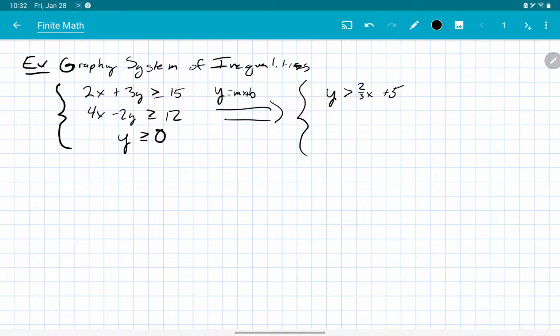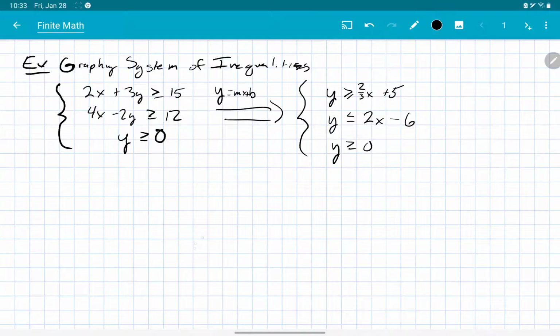The second one, if we were to solve this one, we would have y less than or equal to 2x minus 6, when we get that in y equals mx plus b form. I just did that in my head, right? We've done that a few times in class today already, so maybe it's not worth wasting the screen space to do it again. If I'm wrong on that transformation, please let me know before we go too much further, but I think that's correct. And then this one's already in good form for us, y bigger than or equal to 0.